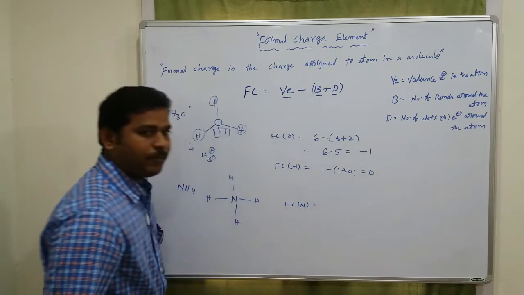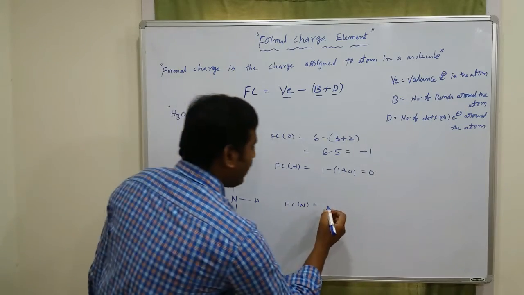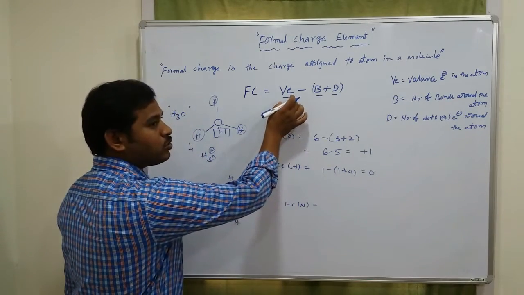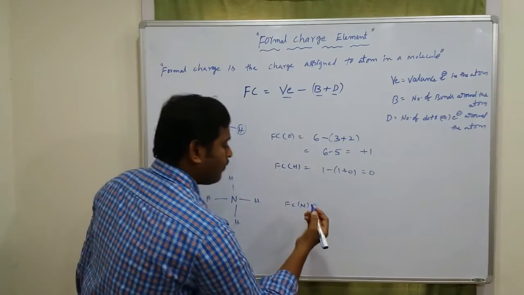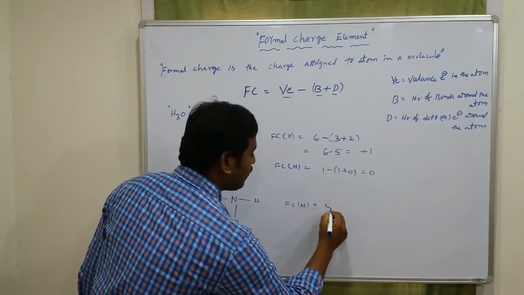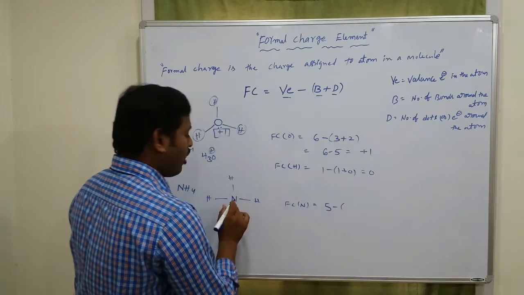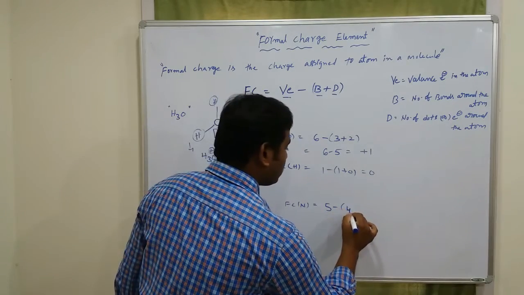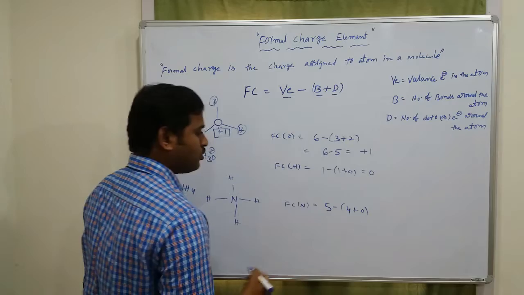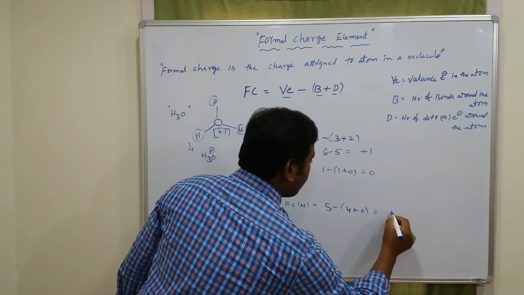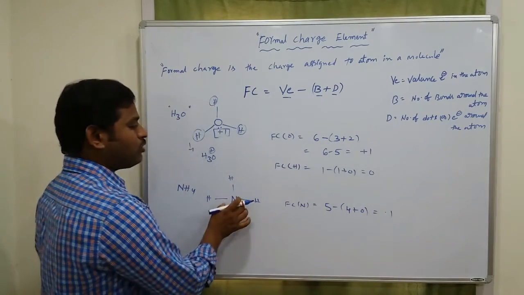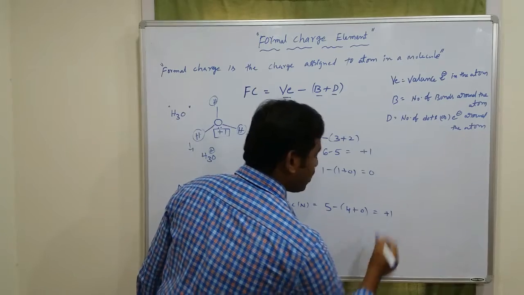The nitrogen valence electrons, or nitrogen group number, is 5, minus the number of bonds around the nitrogen atom, there are 4 bonds, plus 0 electrons. So it equals 1, meaning nitrogen here carries a +1 charge.